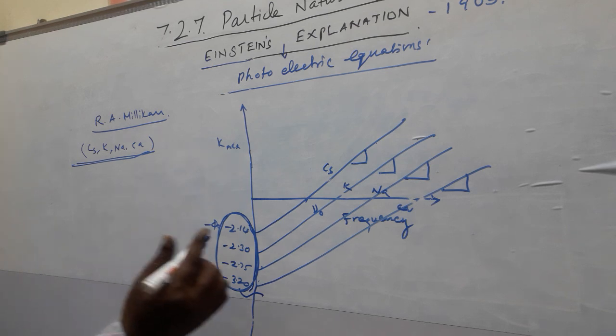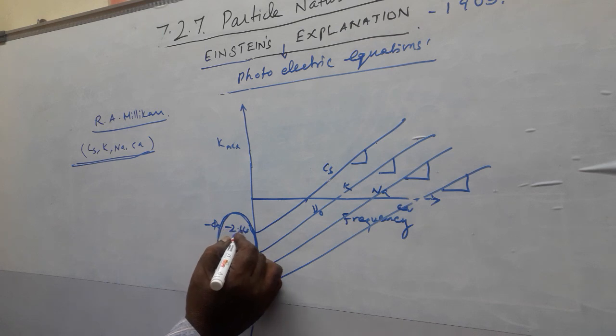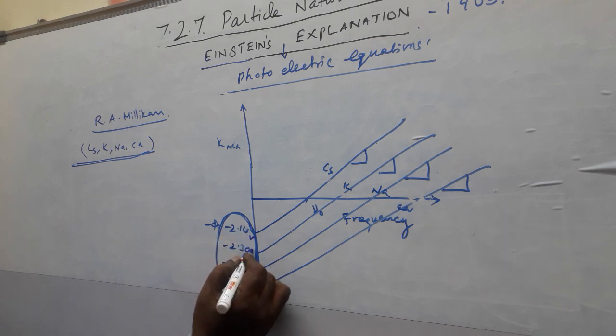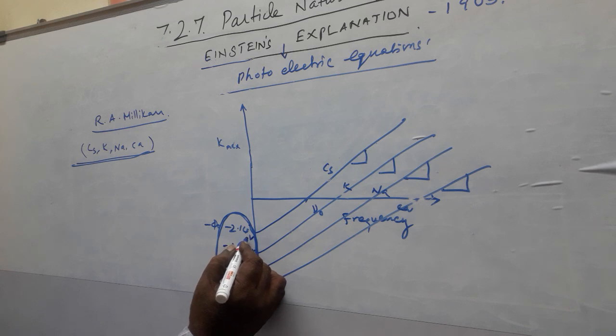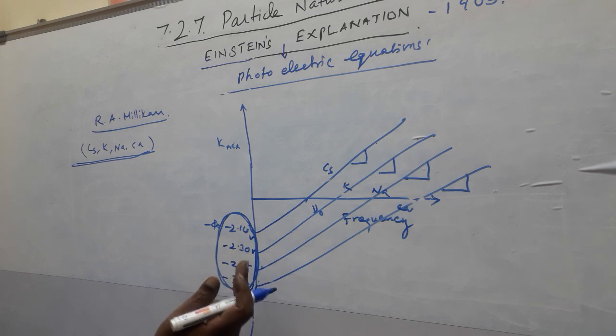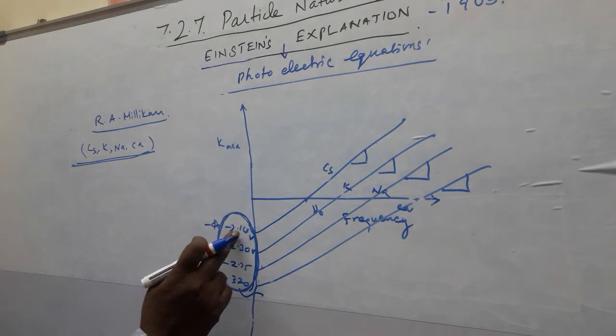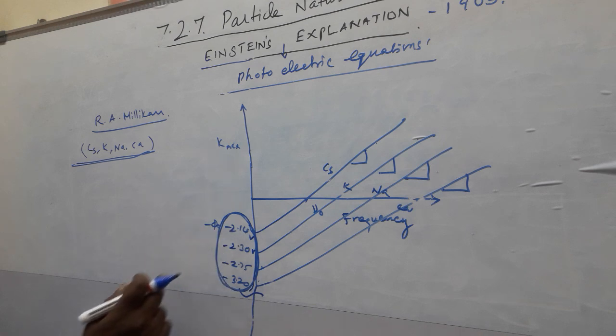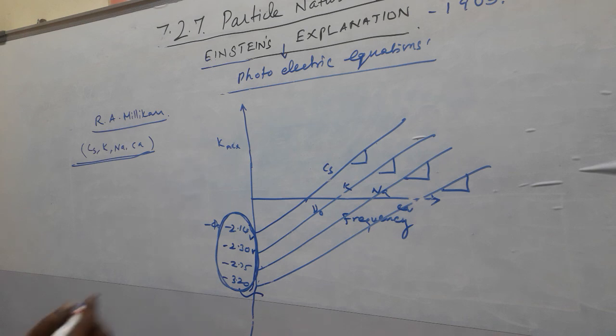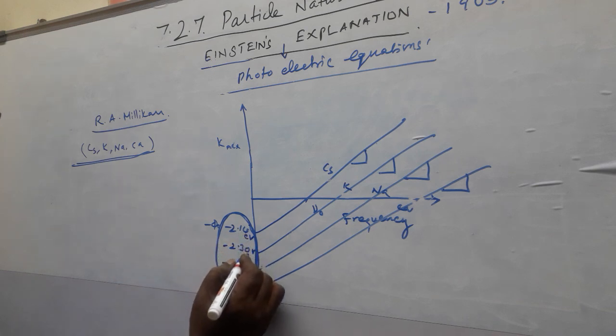Here minus 2.14 volt is called electron volt, or the voltage given, therefore we can write eV.